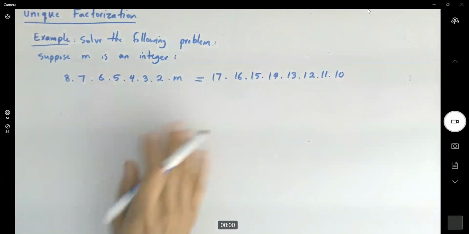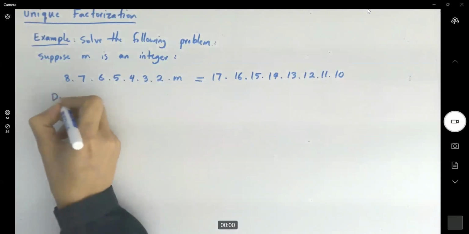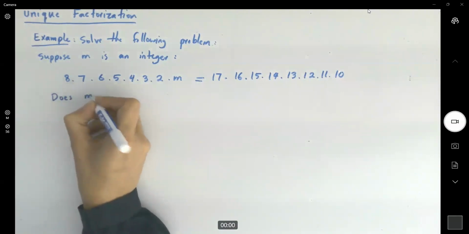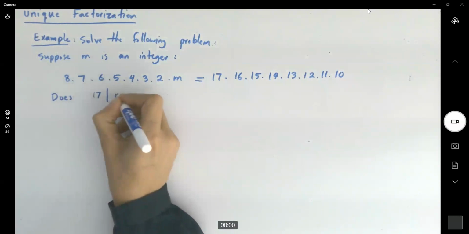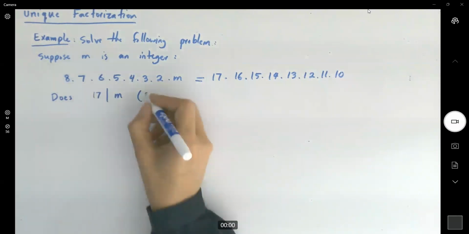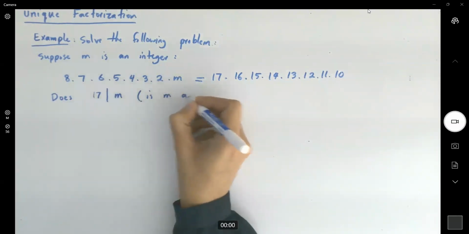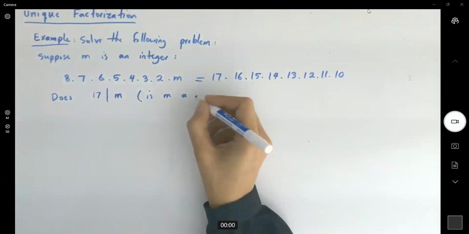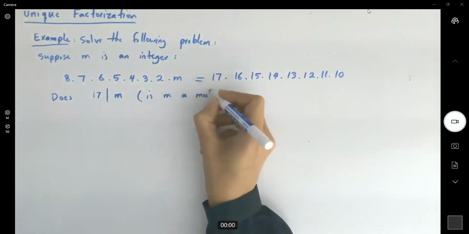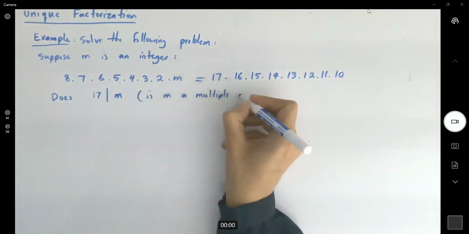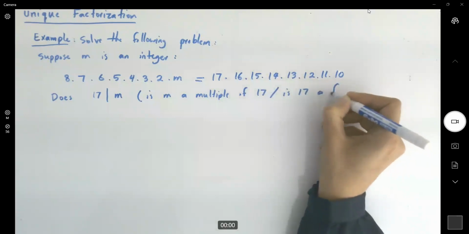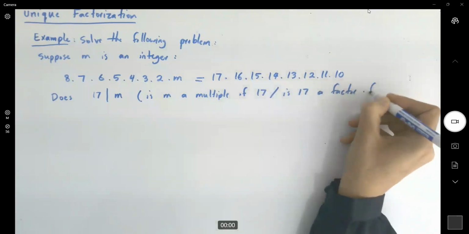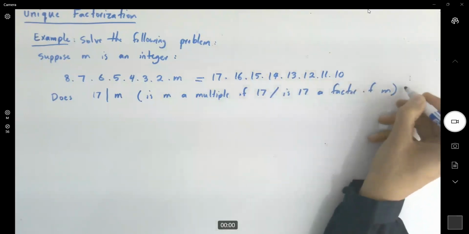Well, the question says, does 17 divide m, or is m a multiple of 17, or is 17 a factor of m?